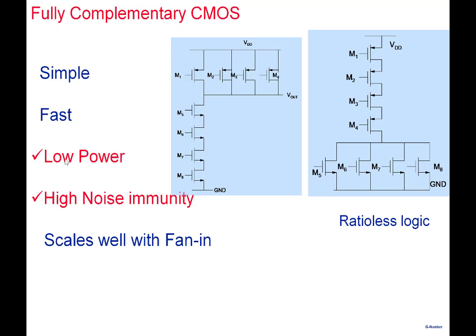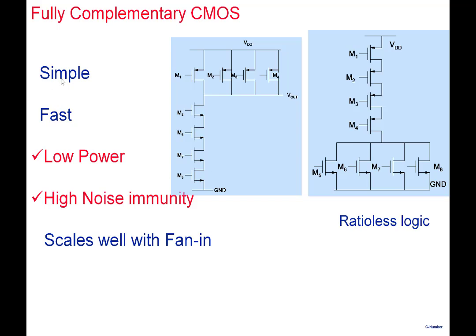That's a good part of this design. Although for dynamic power, if I look at any particular node here, it gets a contribution from all of these transistors, so the dynamic power may not be as low. But static power is certainly absent, so that's a good part. Noise immunities are in general better for this one.